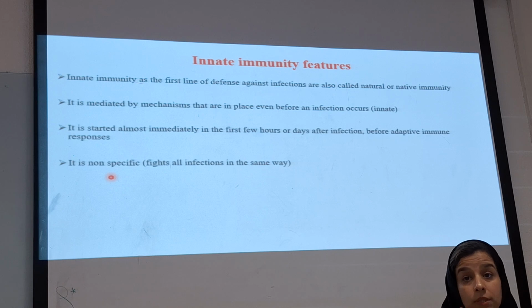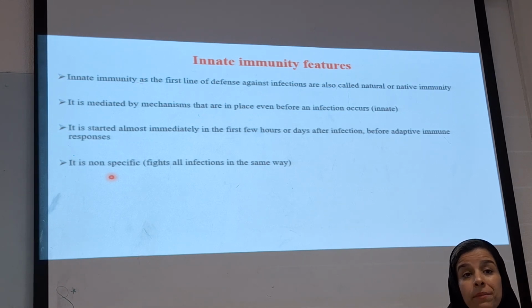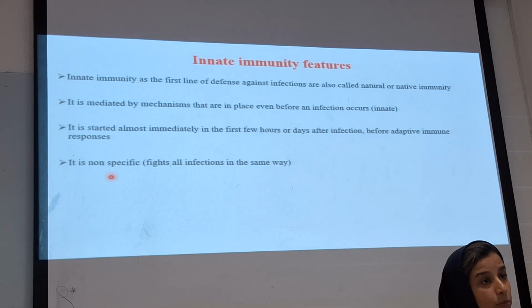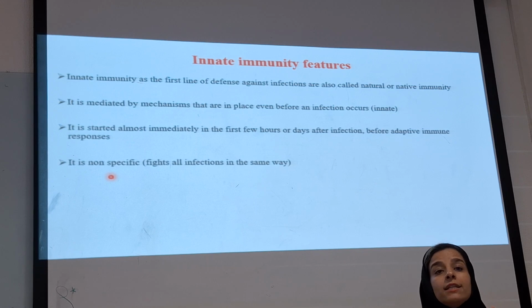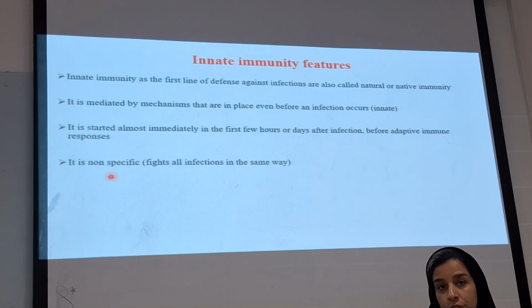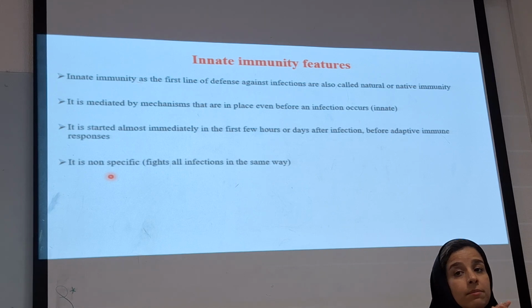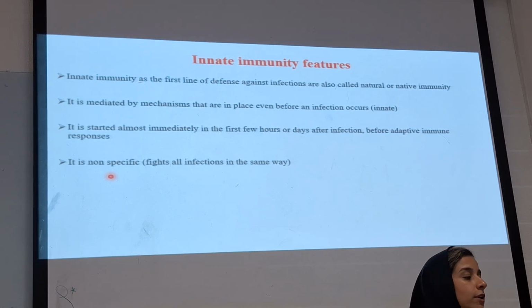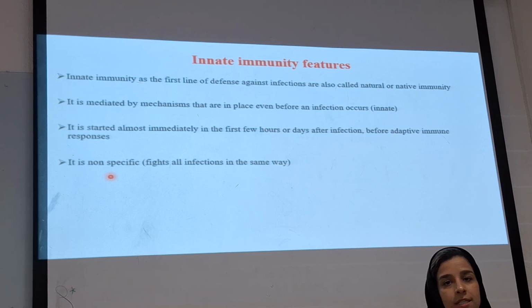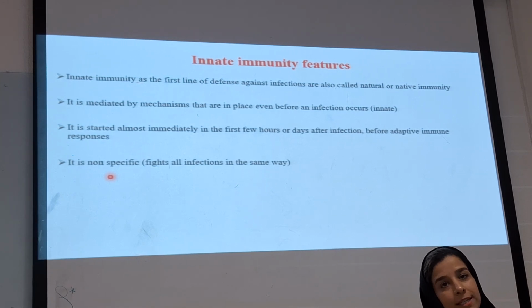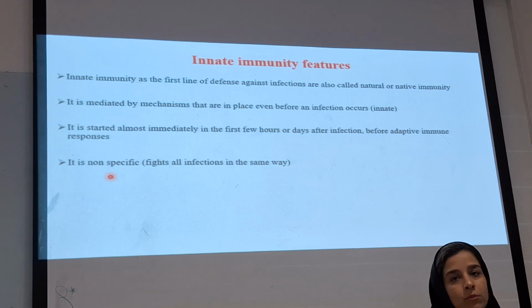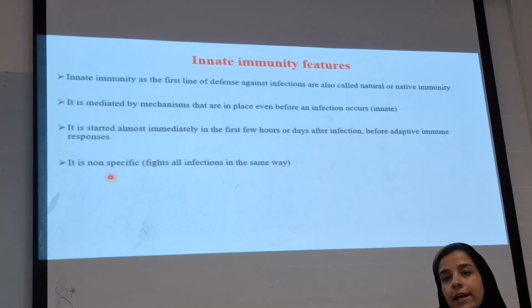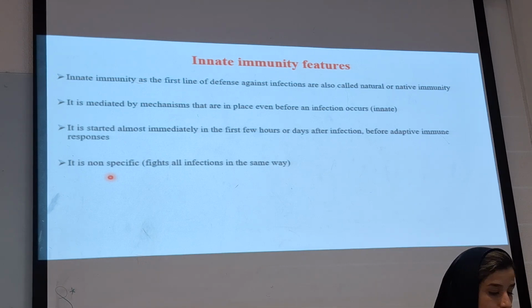But in the innate immune system, the immune cells and mechanisms are present before the pathogen enters our body and non-specifically recognize it. So innate immunity is faster than adaptive immunity, non-specific against different pathogens, fights all pathogens in the same way, and is also called natural and native immunity.